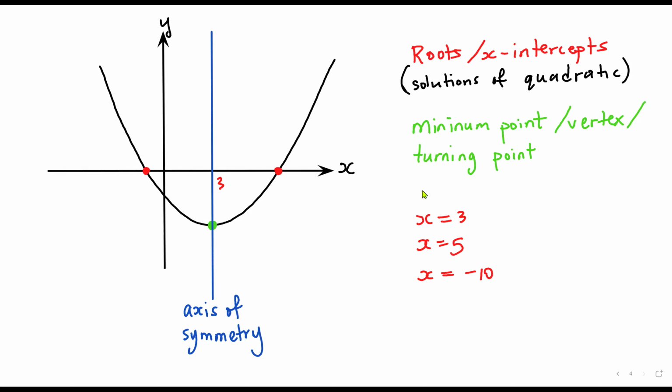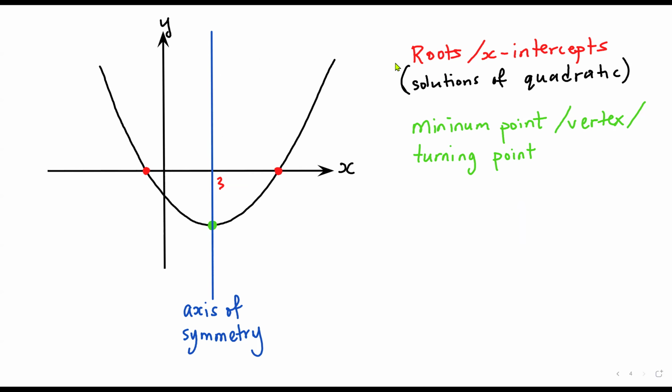So the equation of your axis of symmetry is simply where the line cuts the x-axis, and it is the x-coordinate of your minimum point, or when we look at the maximum curve, the maximum point, right?